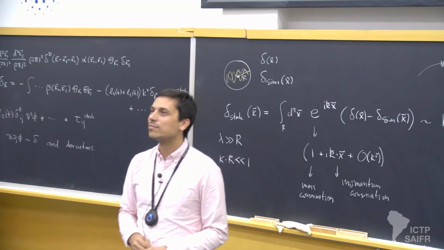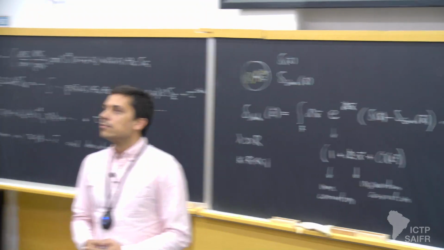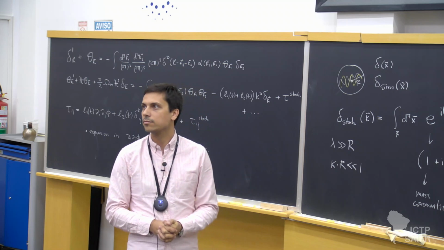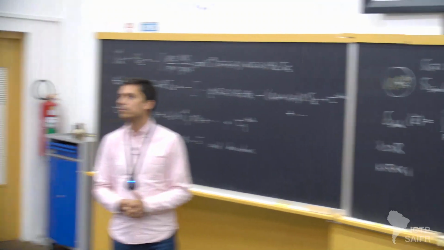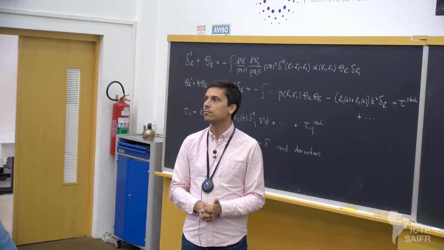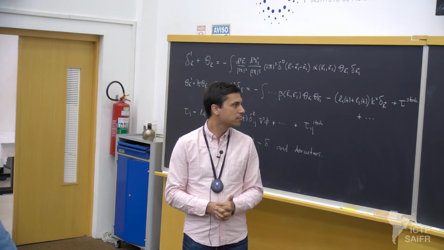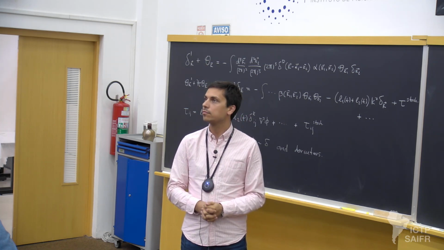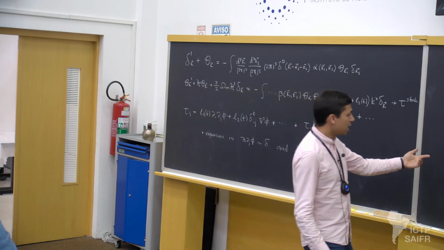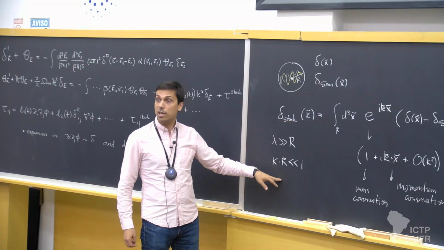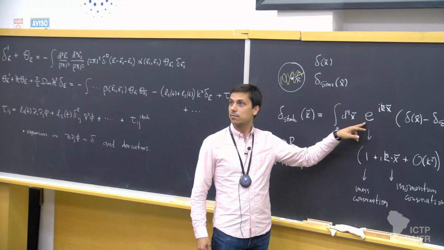Yes? Maybe I don't understand the answer to the previous two questions, because it looks to me that you only needed to expand the phase there in the multipole expansion. And what you showed is that the first two contributions are not important for the stochastic perturbation. You don't have to assume k times r much smaller. Well, because I'm just assuming that I'm looking at the Fourier mode for which this is true, such that I can expand this.